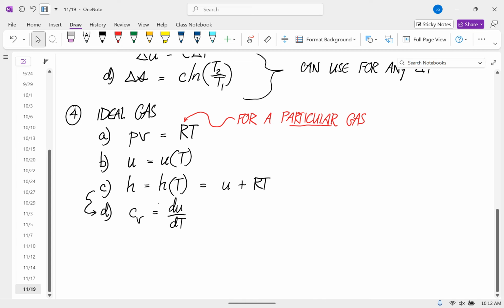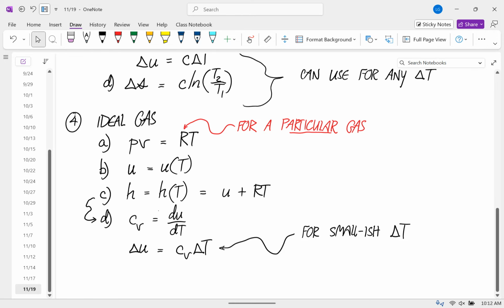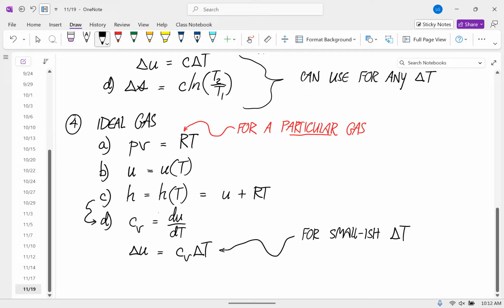And if you rearrange this and integrate, you can write that delta u is equal to Cv delta T. And this is valid for, let's say, smallish delta T. So it looks a lot like the expression we have for incompressible materials.